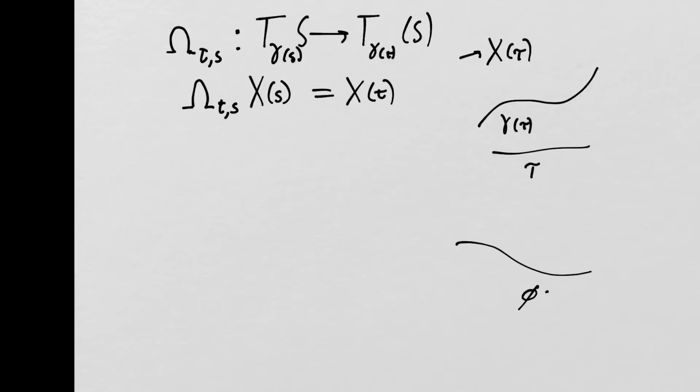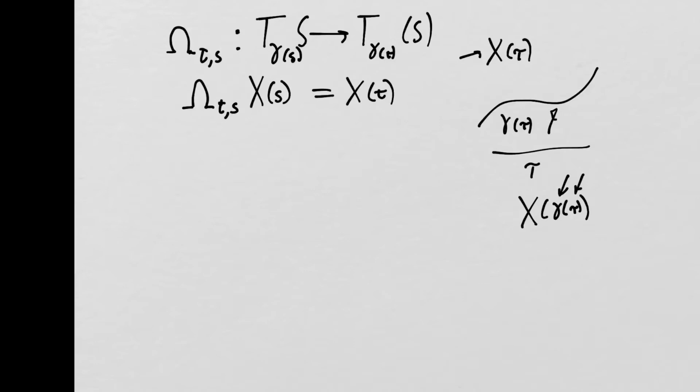Each curve is going to have its own parameter. And because of that, τ could name the curve too. So saying x of γ of τ is redundant, because τ and γ both really identify the curve.